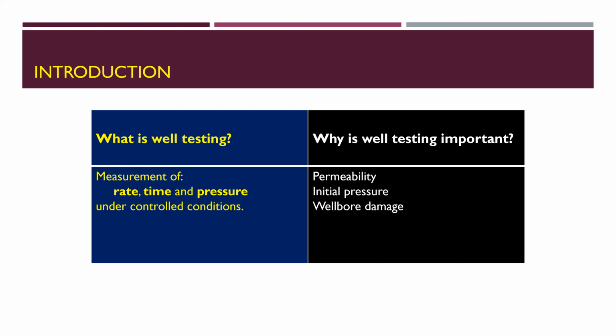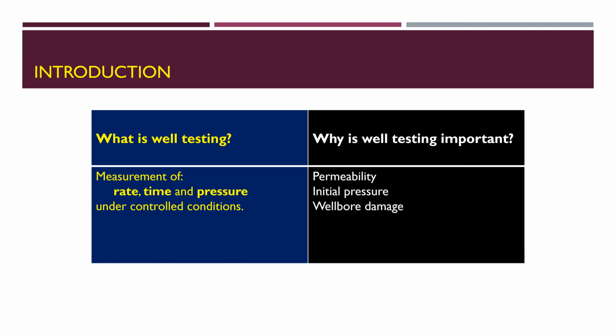Because we are interested to know the initial reservoir pressure, which will be the key for future calculations for either production engineers or reservoir engineers. We need to identify the permeability, or let us say the petrophysical characteristics of a reservoir.